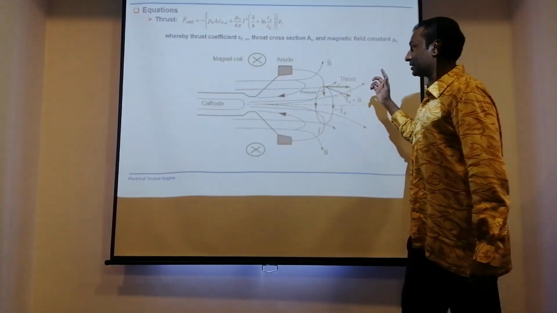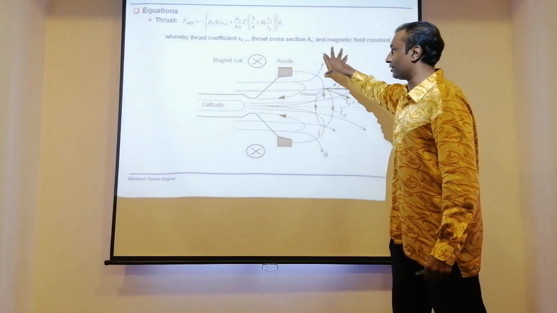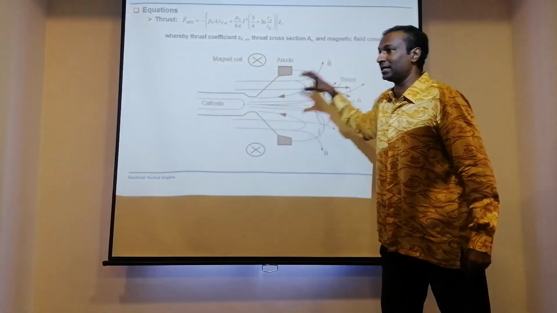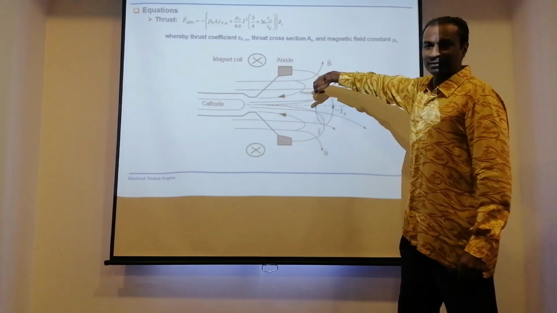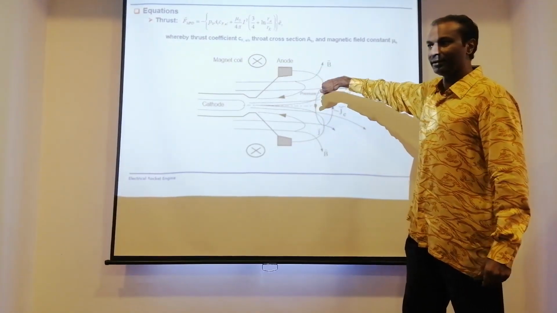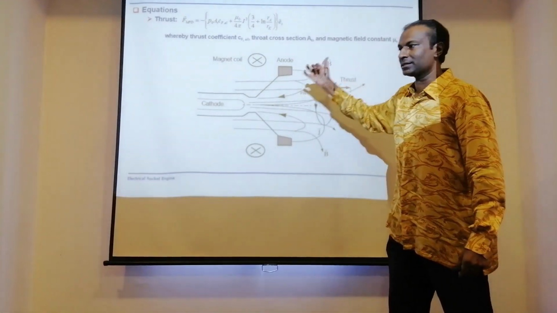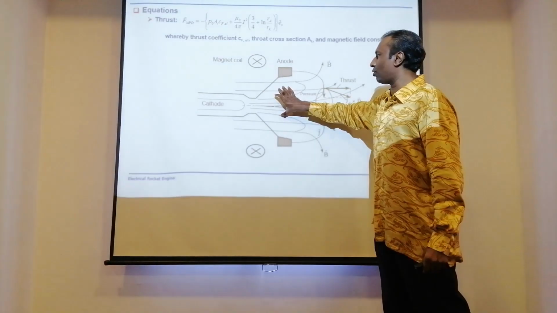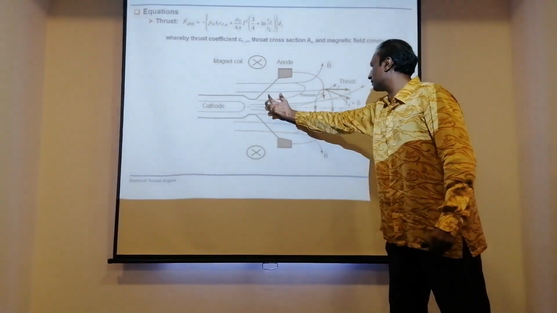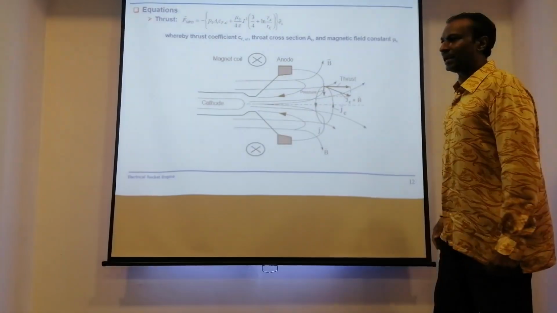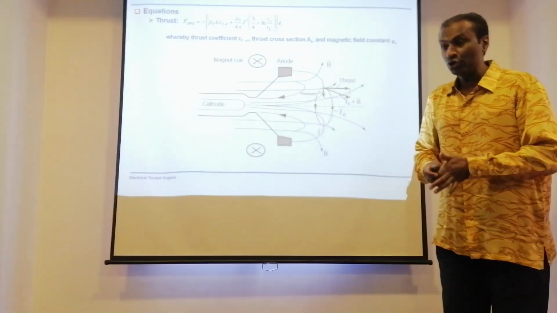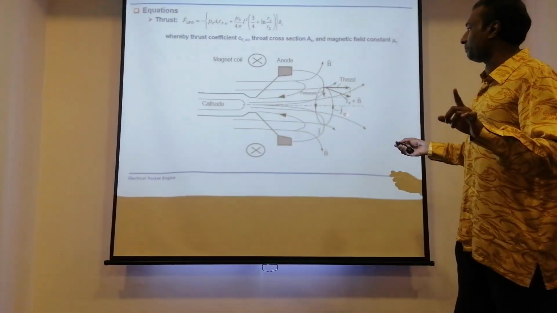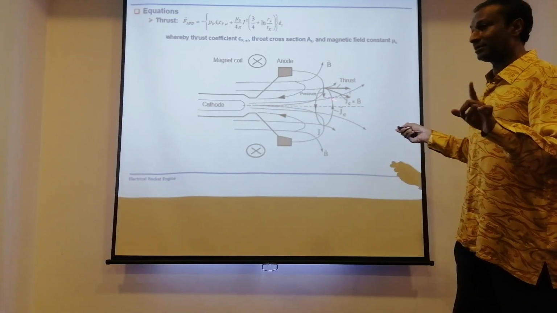But since there is an electric flow, anode, cathode, there is electric flow. Because of the electric flow, there is a B field, that means magnetic field. Because of these two fields, there is a force. All these ions will be pushed out here, and you create a force. Okay? Now, understand this, not all of them are parallel to the actual thrust.